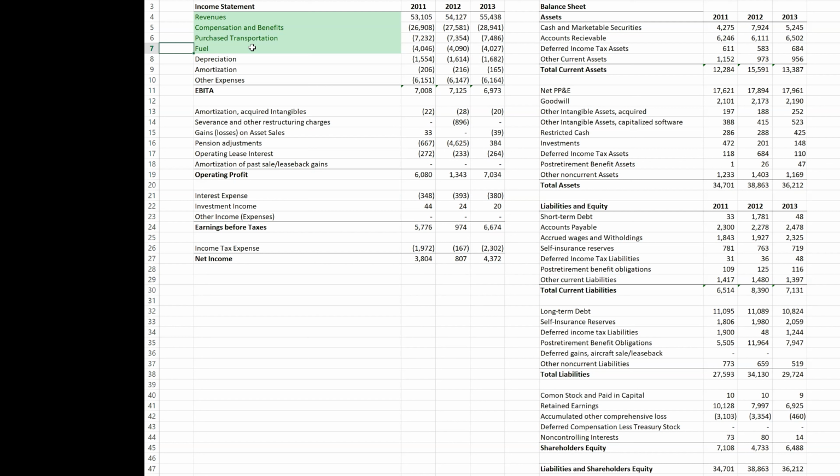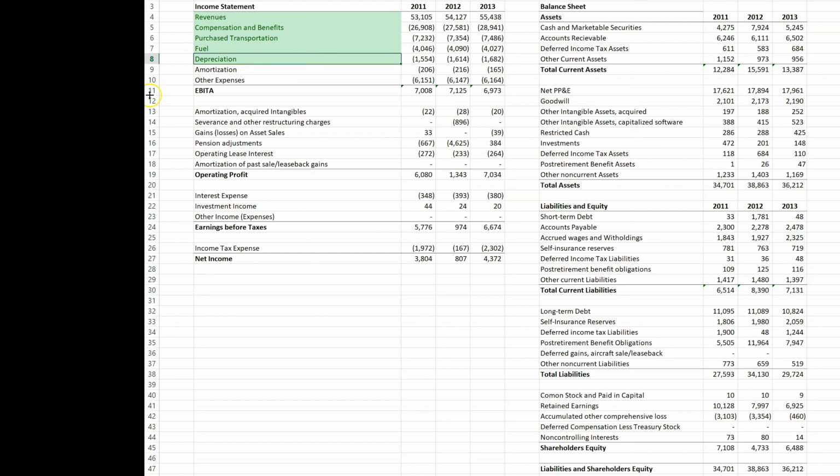Okay, so this process is as much of an art as a science, and we have to really think about each item here and understand it in the correct context. Okay. So fuel, UPS is in the business of delivering packages all over the world. Obviously, fuel is both a major expense and an appropriate operating expense for the firm.